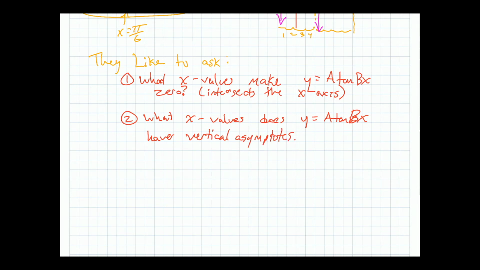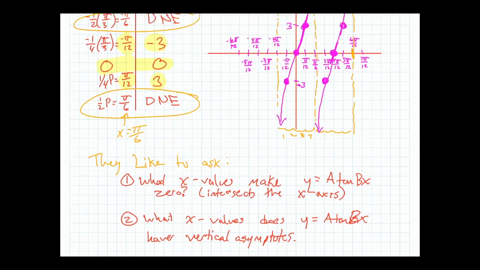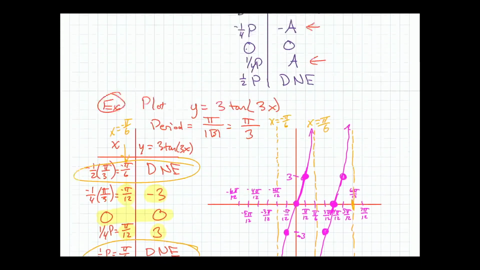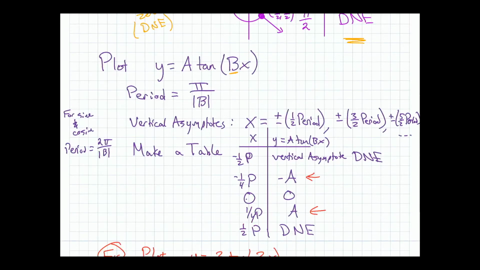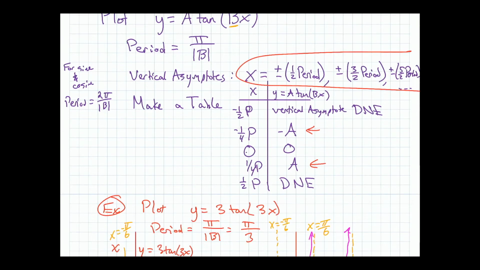All right, and so just to be clear, here's how you would do that. So you would say vertical asymptotes. Those are the places that are at the odd multiples here, right? That's here. We already wrote those down once, okay? So they're plus or minus 1/2 period. So they're plus or minus pi over b, right?